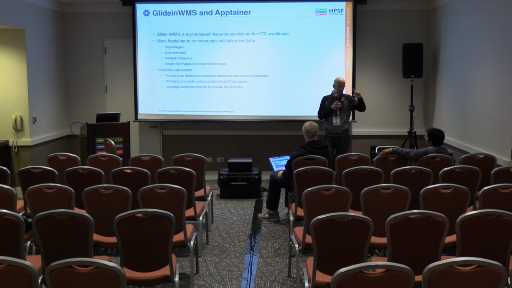This is a couple of shell scripts and a wrapper that we use for the test script. So that within the Glidein, the experiments can run some test script to validate the node or set up things. And for them, it's transparent whether they run in a container or not. So we have a wrapper that allows them.